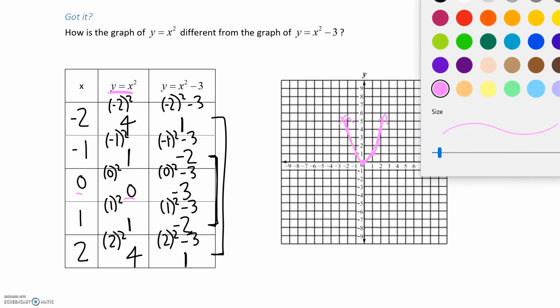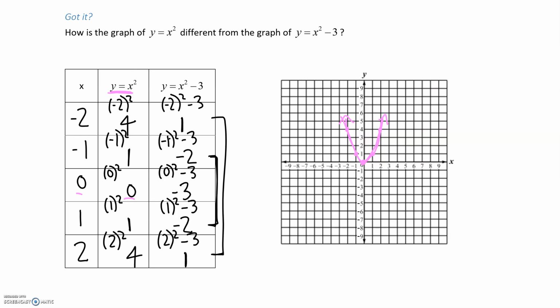Okay. And if we have this x squared minus 3, our vertex is going to be 0, -3. When we move over 1 on the x-axis, we're going to go down to -2 and graph it. Same thing, if we go to -1 on the x-axis, we're going to go to -2 on the y-axis.